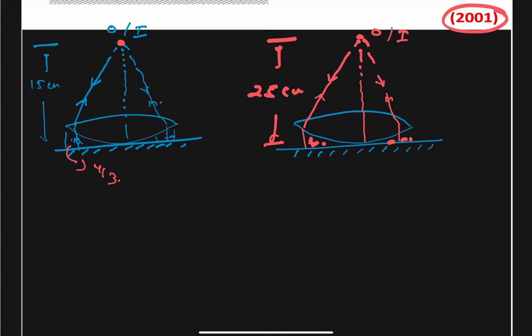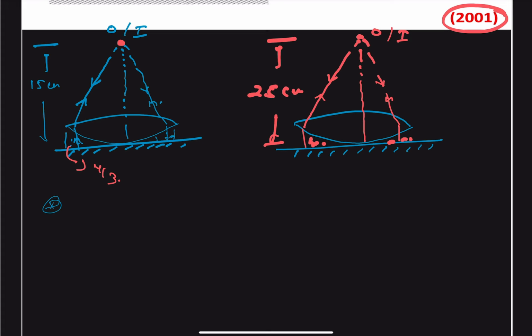So basically we have a convex lens on a plane mirror, so there will be a combination. This entire system is going to behave as a mirror plus lens system in both the cases.